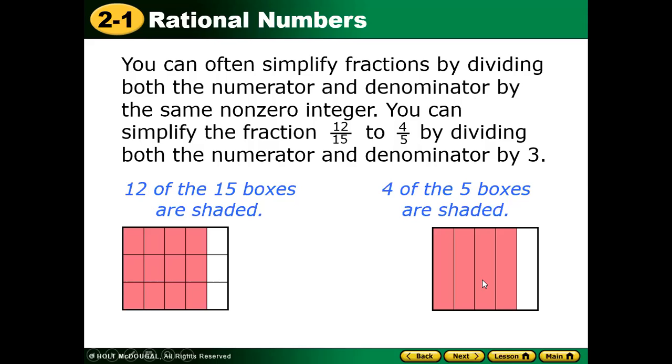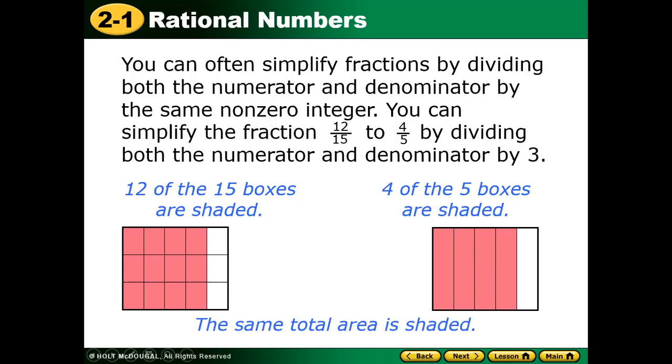And when you simplify, you divide the large one into 5 boxes and shade only 4. In both cases, you have the same amount. Why? Because 12 over 15, when you simplify it, gives you 4 over 5. So this is called equivalent fractions. Is it clear?